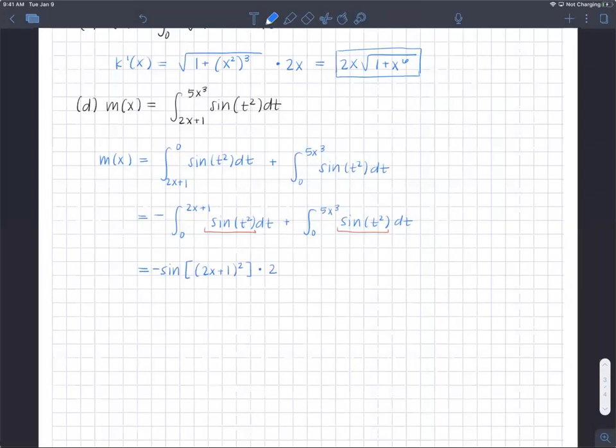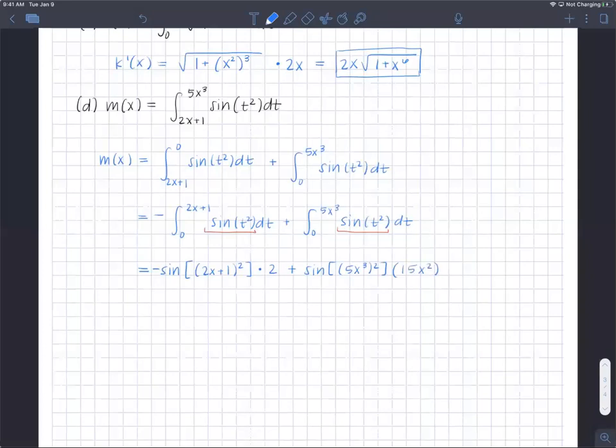Then I'm going to do the same thing with this second one. Instead, I'm going to have sine of 5x cubed squared times the derivative of 5x cubed, which is 15x squared.